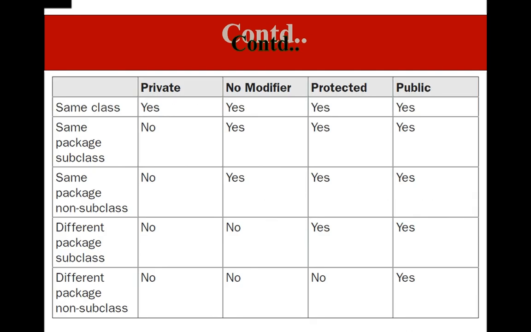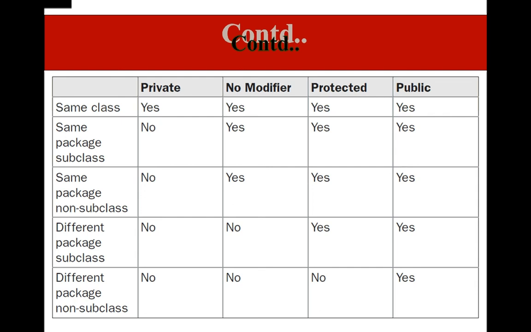Here is the chart where we can easily demonstrate the scope of private, default, protected, public access specifiers. Within the same class, private, default, protected, public, any variable can be accessed. Same package, subclass: we cannot access private members, but default, protected and public members can be accessed.